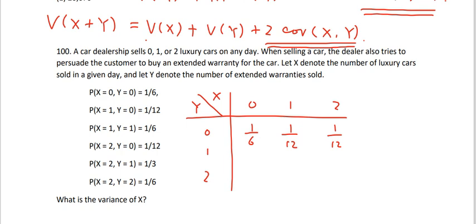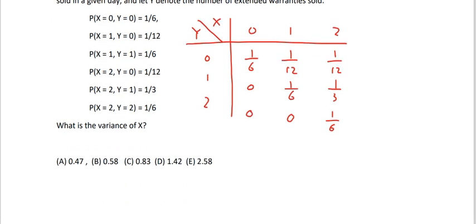And x equal 0, y equal 1 is not listed here, so this is 0. x equal 1, y equal 1 is 1 over 6. x equal 2, y equal 1 is 1 over 3. x equal 0, y equal 2, and x equal 1, y equal 2 are 0, right? x equal 2, y equal 2 is 1 over 6. So this is the discrete distribution for two variables.